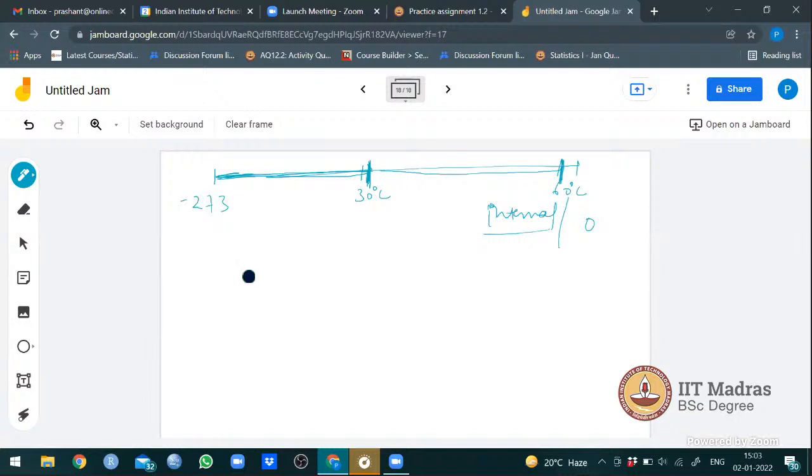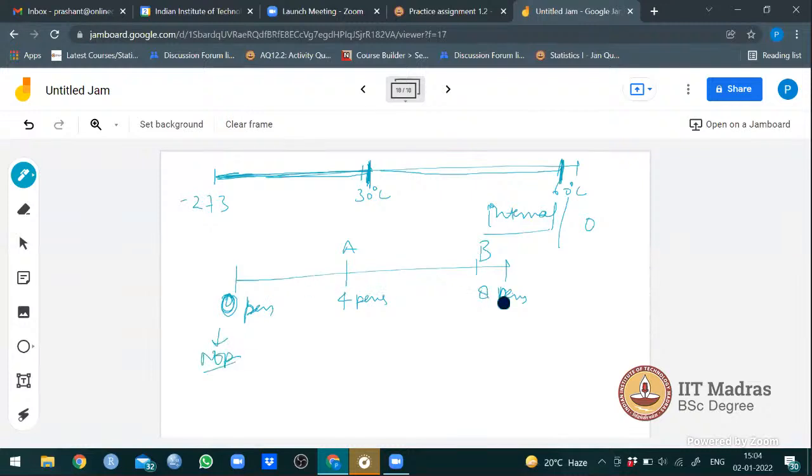Suppose here is A and here is B. He has 4 pens and he has 8 pens, and here is 0 pens. There is the absolute zero property: 0 pens means there is no pen.